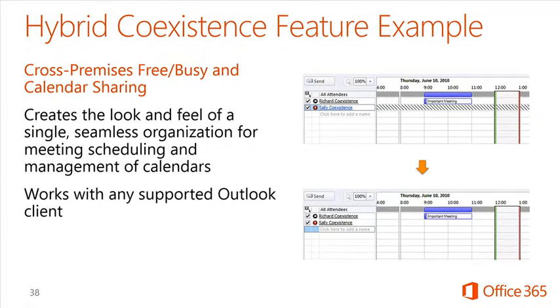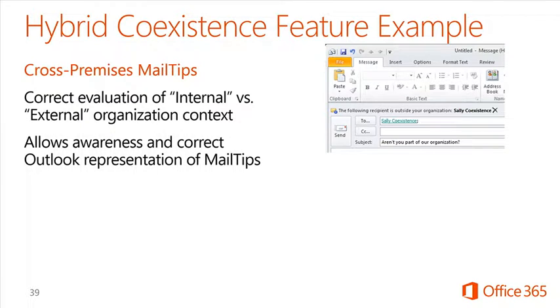So in this case, from an end user perspective, they're not aware of which users are on-prem and which users are online. As long as you're using Outlook 2007 or later, or Outlook Web App, we will show their free busy information. We also will understand that both Richard and Sally are internal to the organization, even though they span two different Exchange environments.